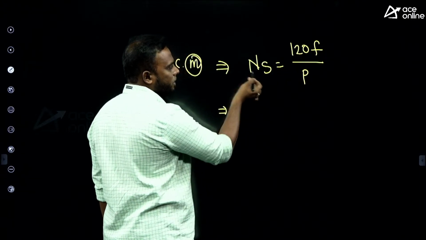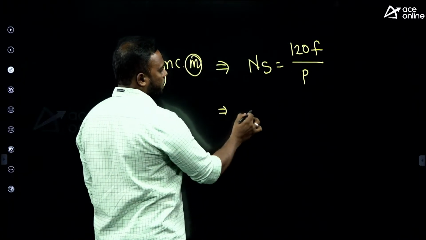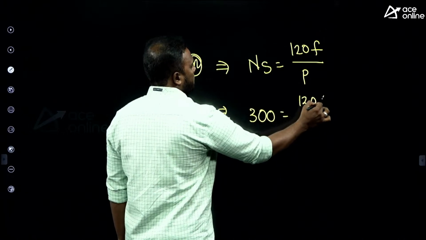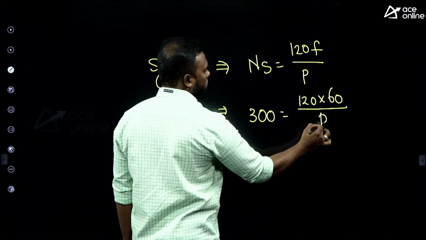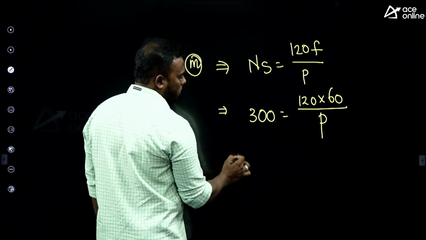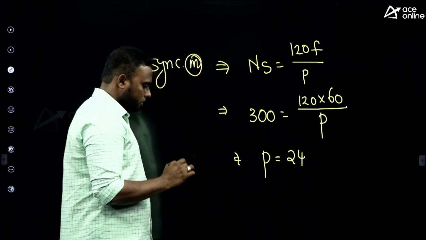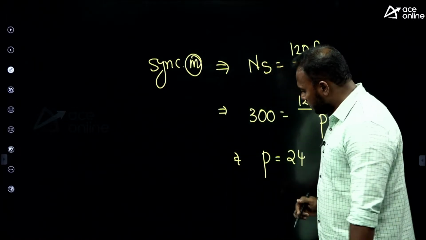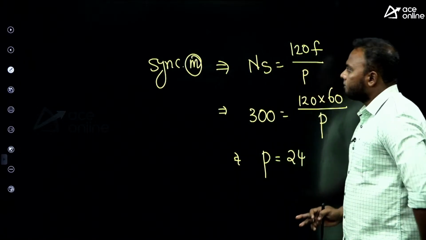The synchronous speed of the synchronous motor should be the same as the alternator speed, 300 RPM. So 300 equals 120 times 60 divided by P. If you calculate the number of poles, we will get 24 poles. Okay, check the value.